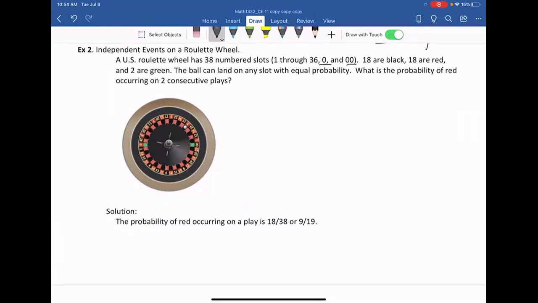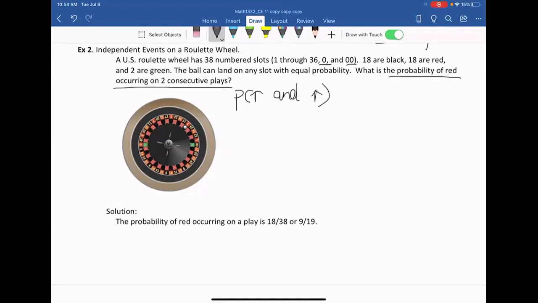What's the probability of red occurring on 2 consecutive plays? So the first one is red, and the second one is red.